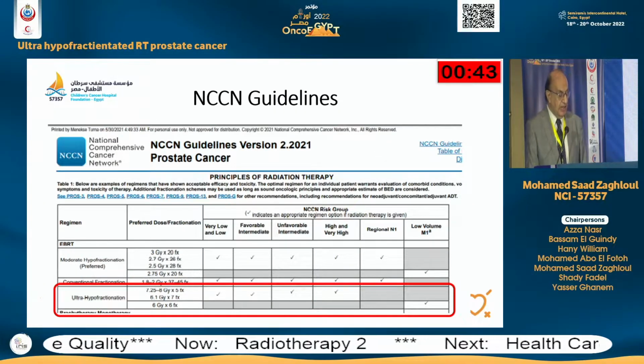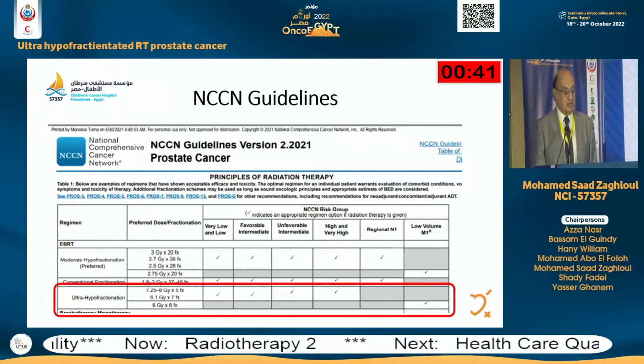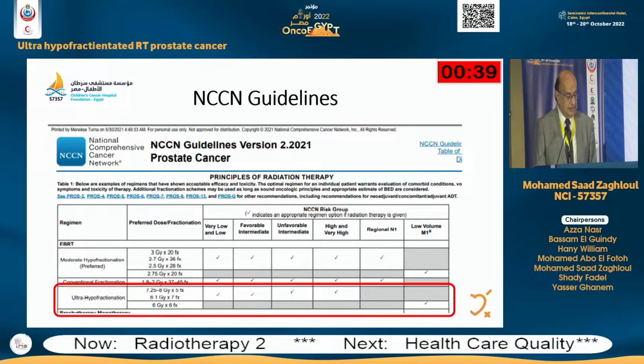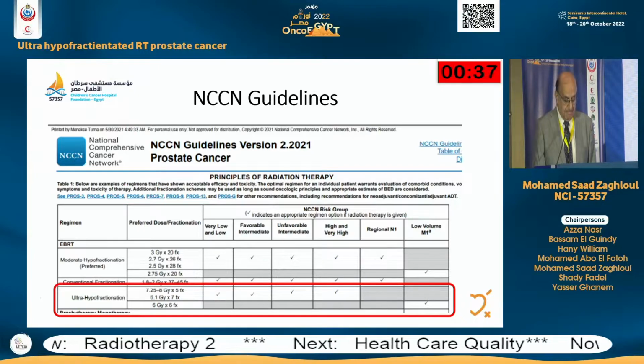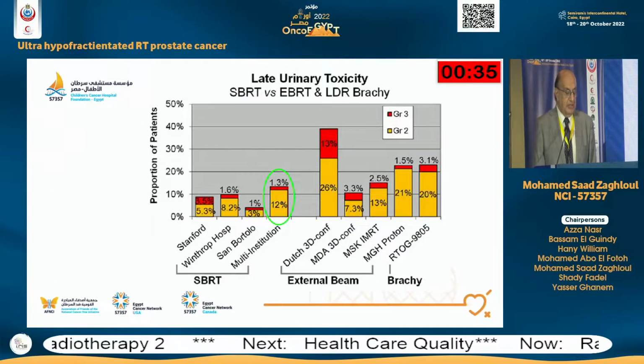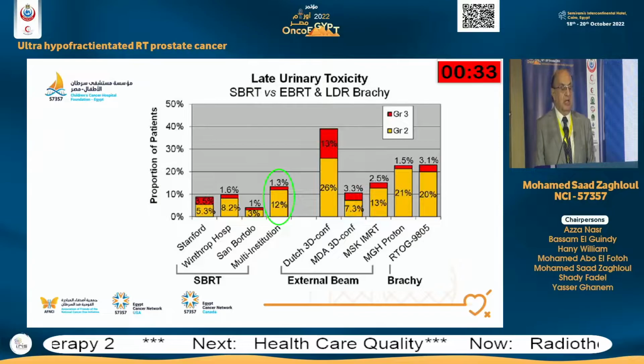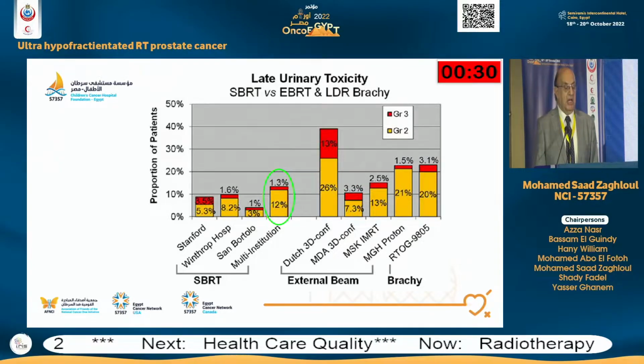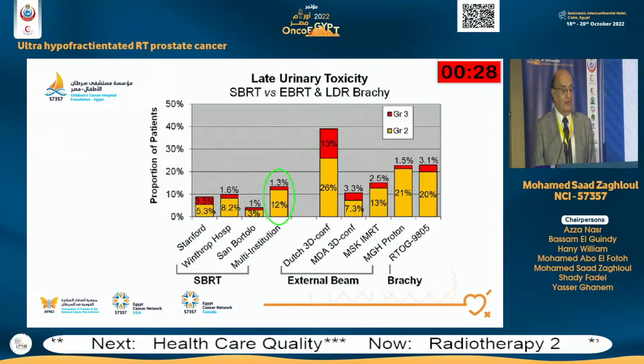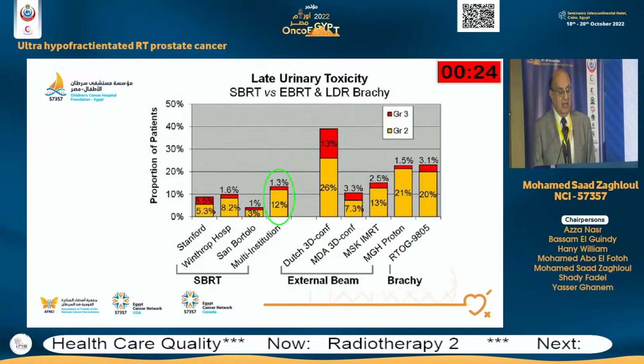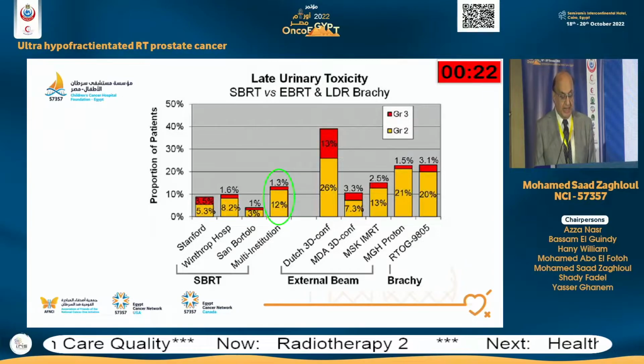The NCCN guidelines, as I just mentioned, list the CyberKnife as an option. Here we monitor the late urinary toxicity for the SBRT versus the IMRT versus the brachytherapy.